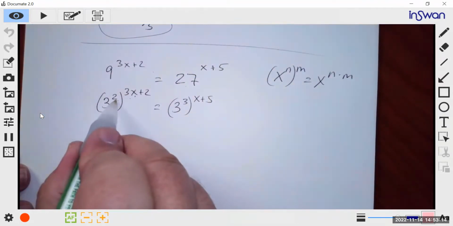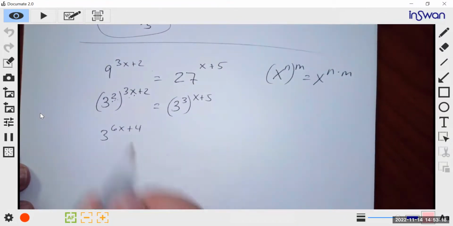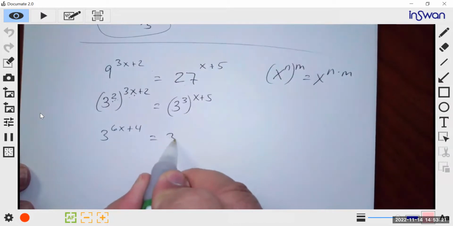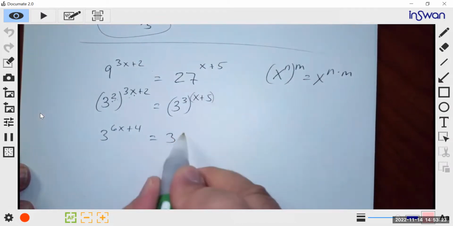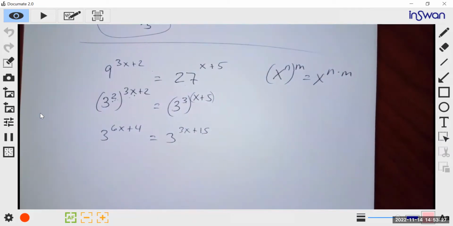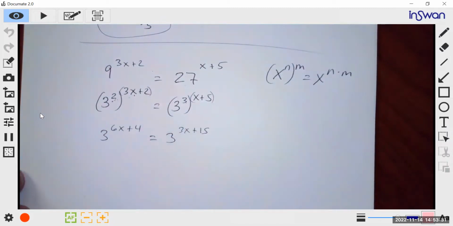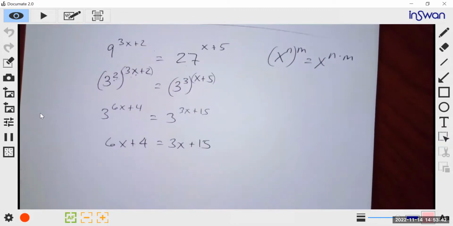So here we multiply 2 times 3x plus 2, so we have 6x plus 4. And 3 times x plus 5, so it's 3x plus 15. We multiply those out. Now we have a common base, so we set the exponents equal to each other and solve for x.